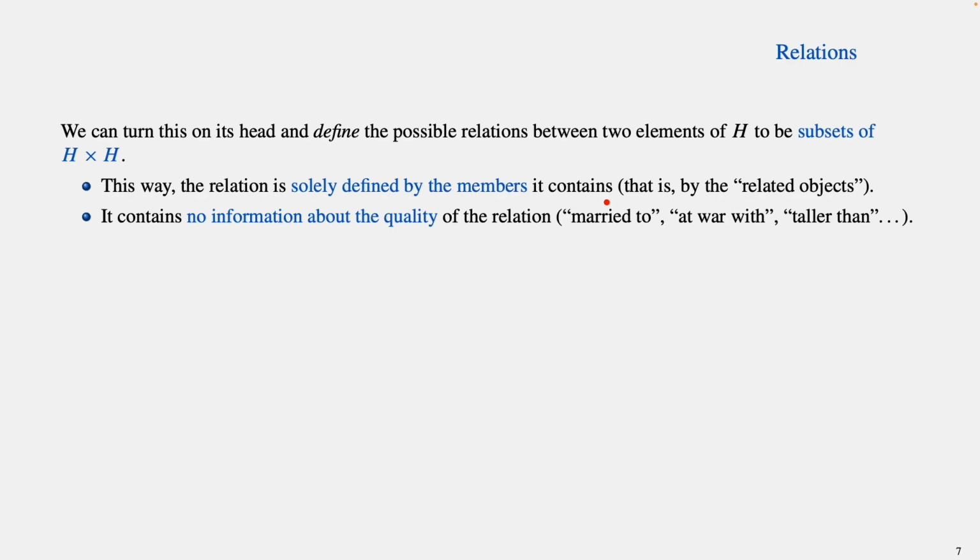So we take the set of all the objects that are related, and then we say, well, this set just is our relation. And of course, this contains no information about the quality of the relation, so whether it's married to, at war with, or taller than. So this is something that has to depend on the context in which we use this subset as a relation.